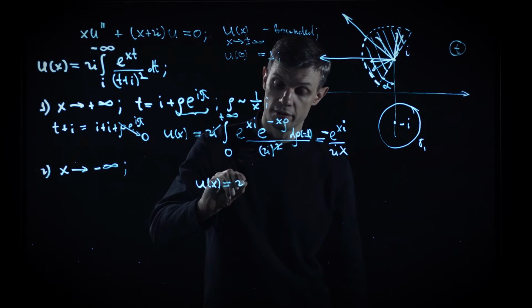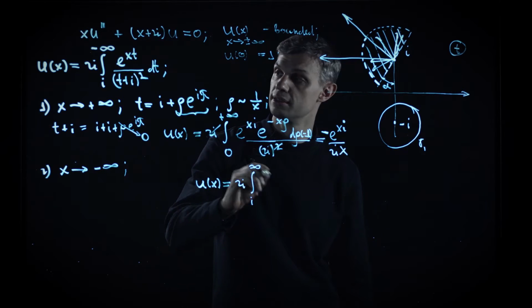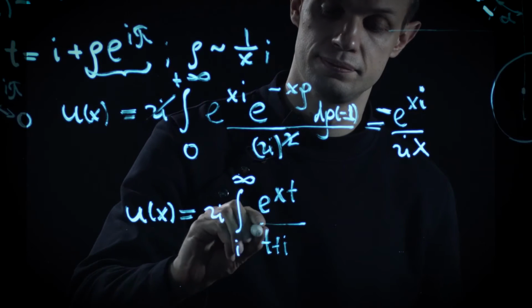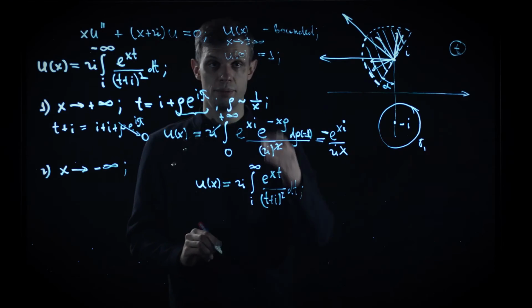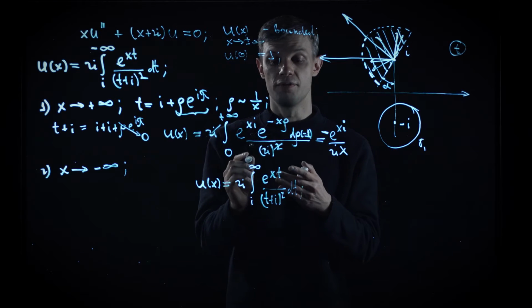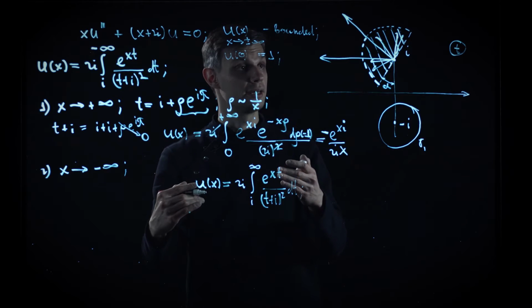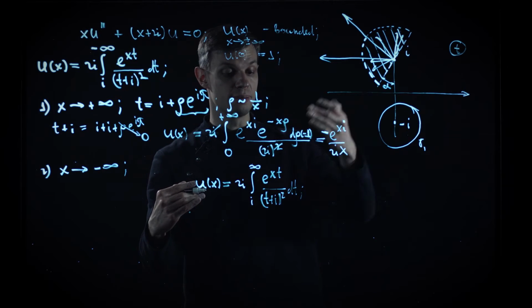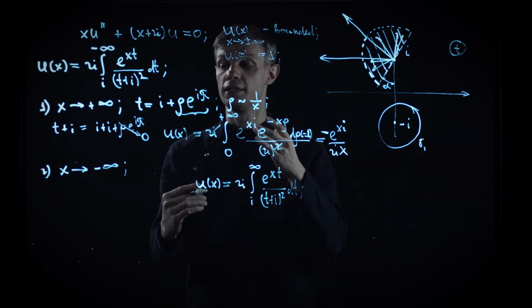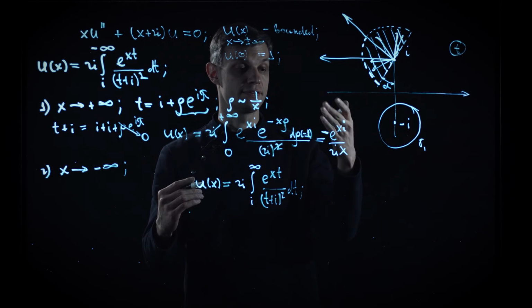So first, we got the exact form of our solution normalized by this condition, and the placement of the contour is defined entirely by the corresponding argument of x. And then we analyzed its asymptotic behavior at large positive and negative x.